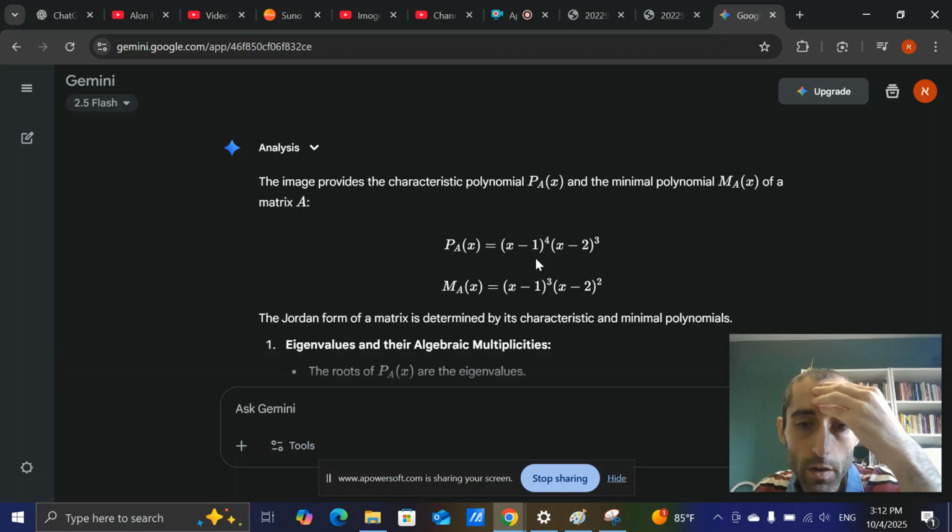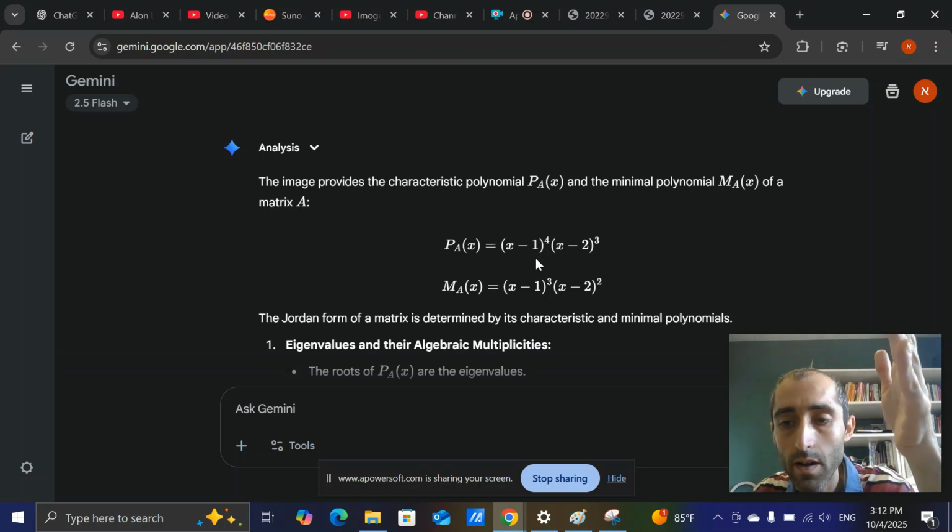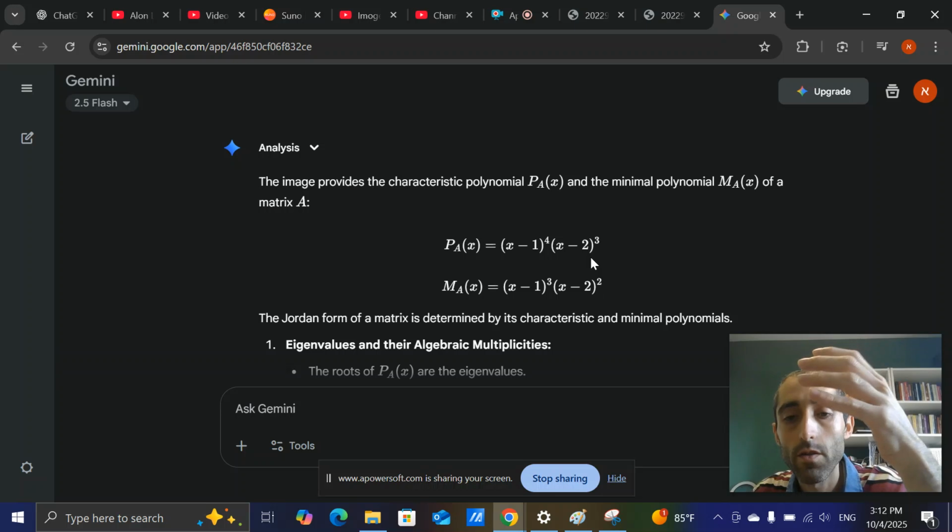The first thing that we note is that this matrix must have a Jordan form because the characteristic and minimal polynomial can be factored into linear factors. So we have a Jordan form.